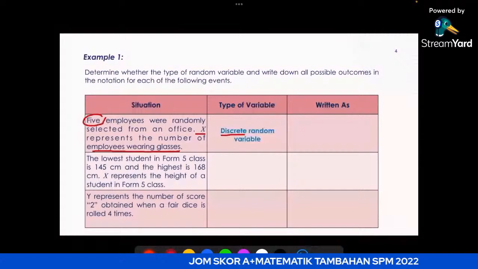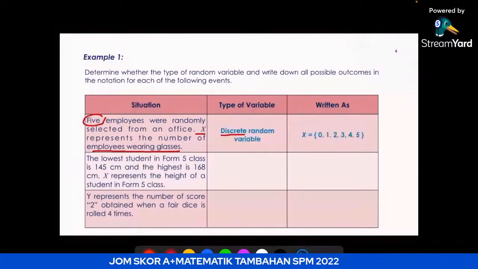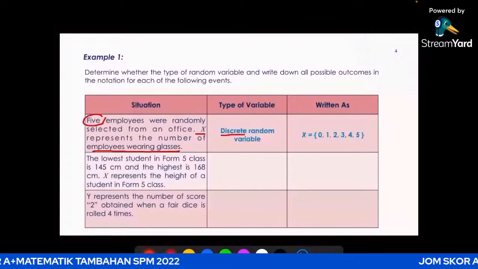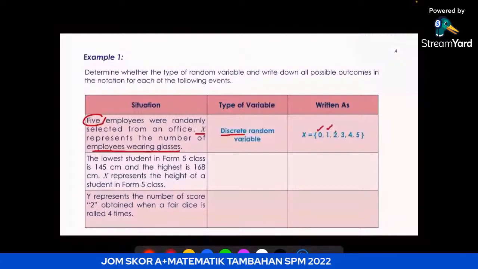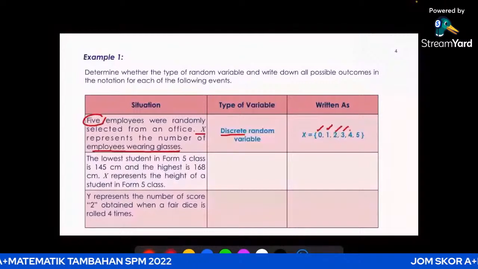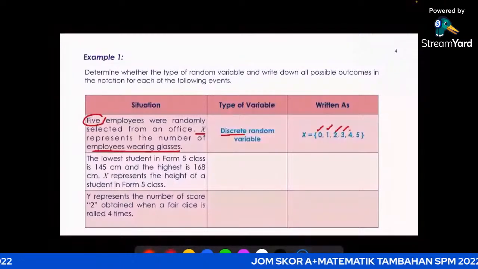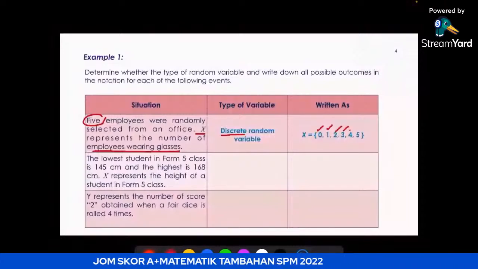The outcome is written as X equals, in set notation, 0, meaning none of these 5 employees wear glasses, 1 means 1 out of 5 wearing glasses, 2 out of 5, 3 out of 5, 4 out of 5, and 5 means all 5 employees that we choose are wearing glasses.